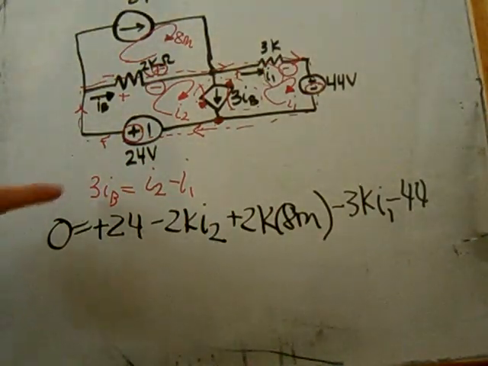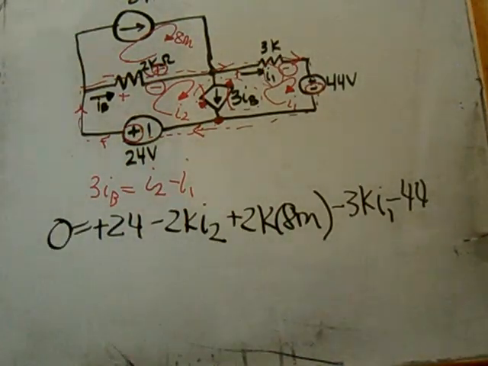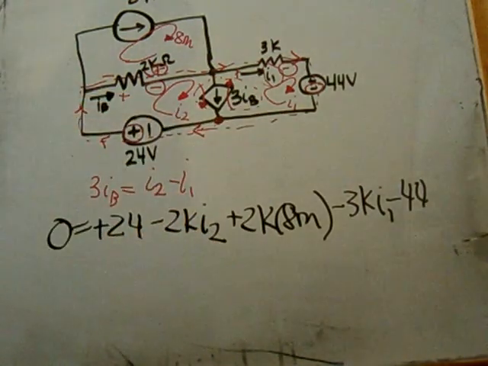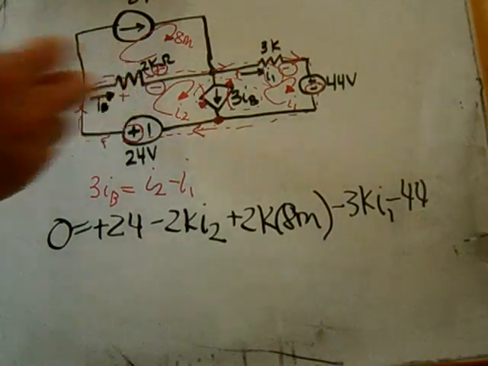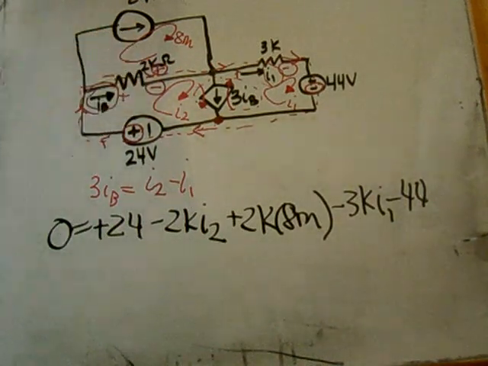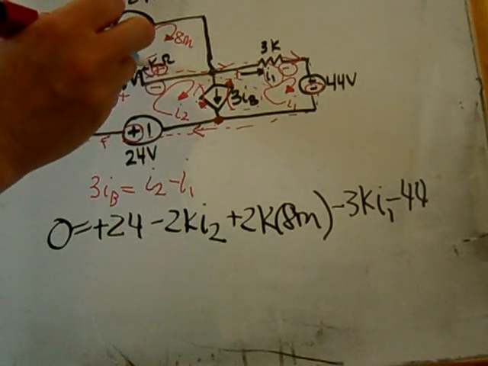So now I have the top equation has I1, I2, and IB as unknowns. The second one has I1 and I2 as unknowns, so we need a third equation. So IB is located as the current going through the 2K resistor.